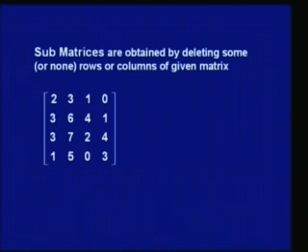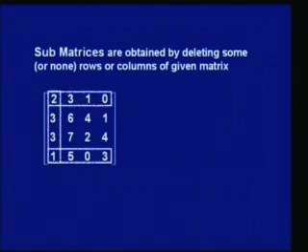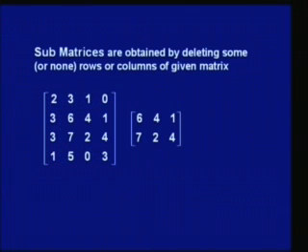If I delete the first row and last row together with the first column, then what I have is this matrix. So, 6 4 1 and 7 2 4 is a submatrix of this matrix obtained by deleting the first and last row and the first column.